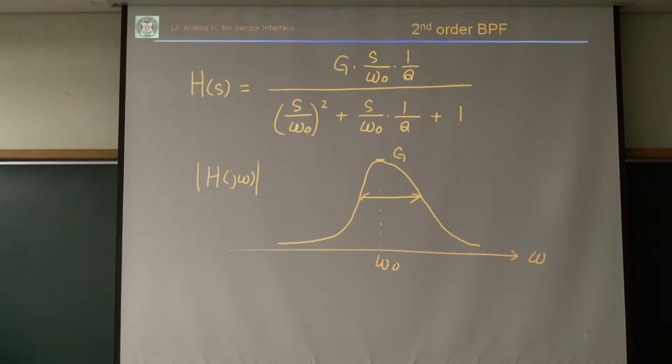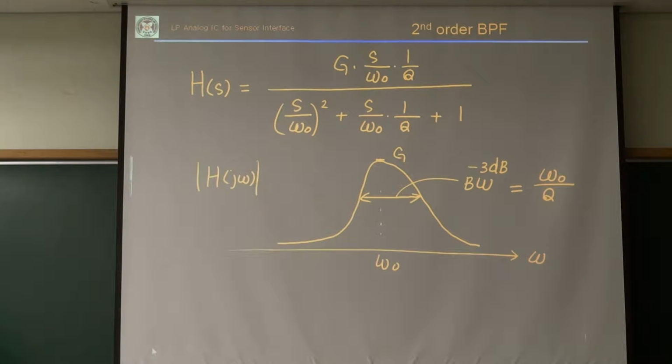Yeah, this minus 3 dB bandwidth. This is minus 3 decibel bandwidth is, yeah, omega 0 divided by Q, right? So we implemented this one.